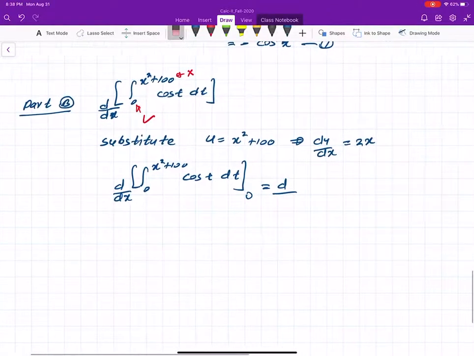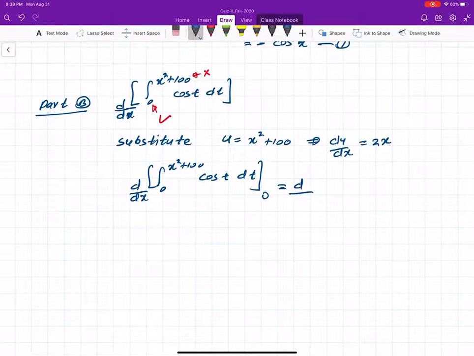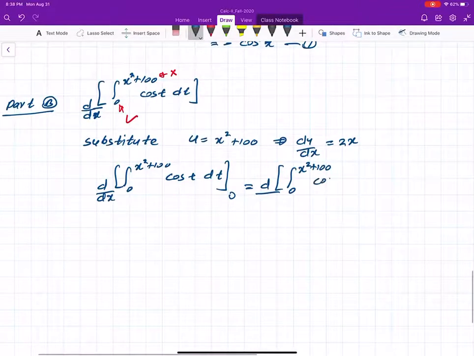So I write this as the integration from 0 to x square plus 100 of cos t dt.